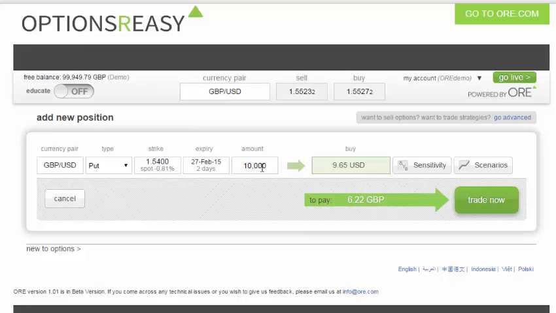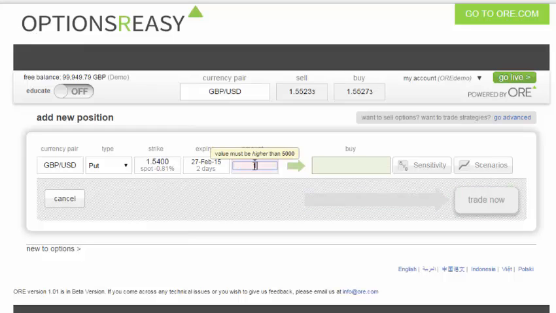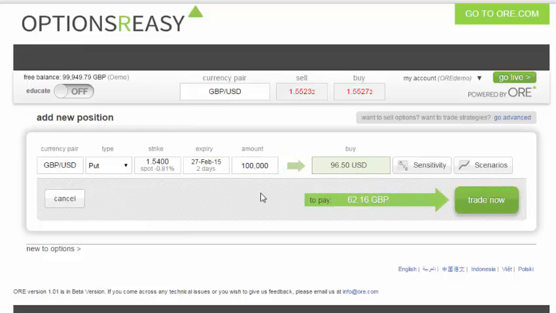And you can see if I leave this option at 10,000, then this will cost me $9. If I were to change that to 1 million, you can see the cost is now 965, and if I choose an amount of 100,000, the cost is just 96.